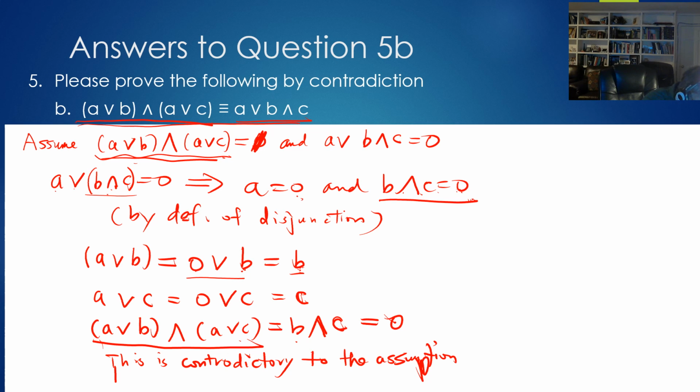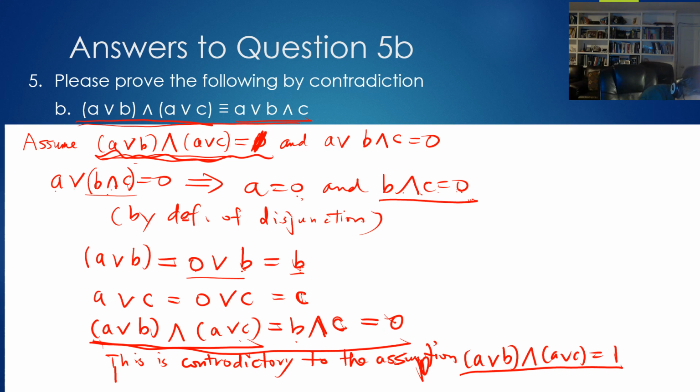So on one side we got this, which is 0. On the other side, by assumption, this is 1. So these two contradict each other. So we proved that if we assume the left side is 1 and the right side is 0, then we got a contradiction.